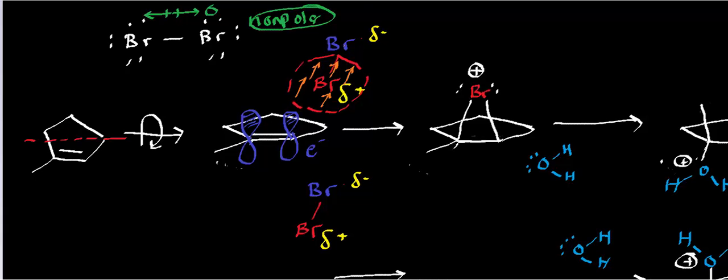Because the blue bromine atom is receiving electron density, it gets a partial negative charge. The other one gets a partial positive because the red one is losing electron density. And because it has a partial positive, when it's in close proximity to this molecule, it becomes electrophilic enough that, as I'll show in the mechanism now, the pi bond can attack that bromine.